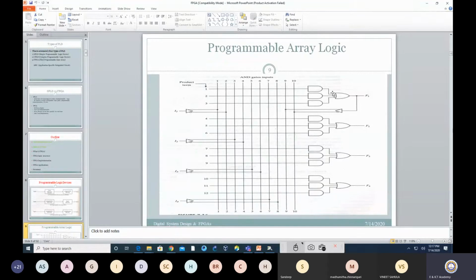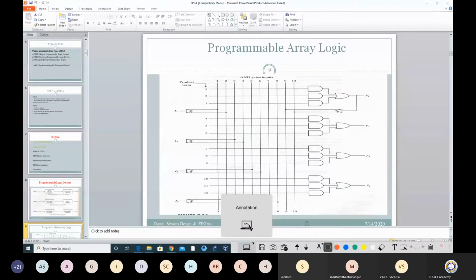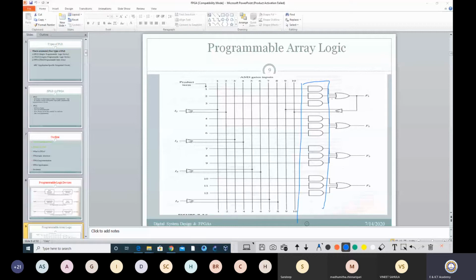Now if you observe this diagram, there are some AND gates and there are some OR gates. Let's move from output to input.